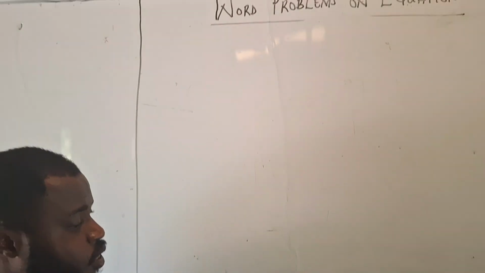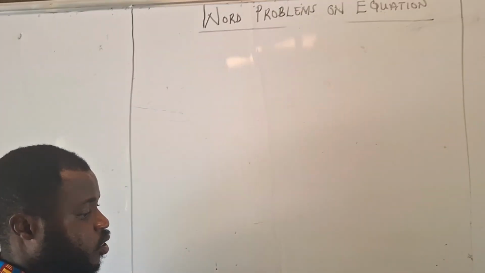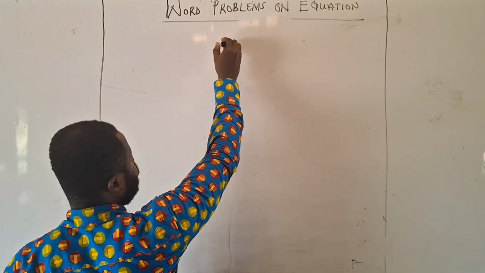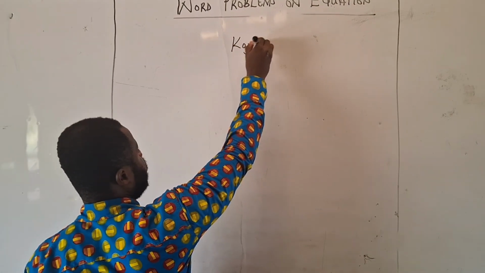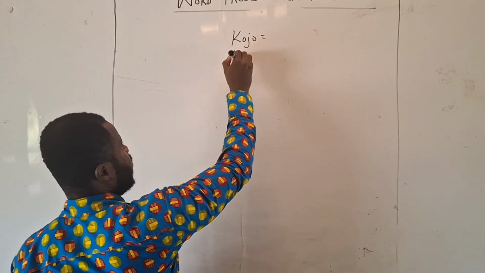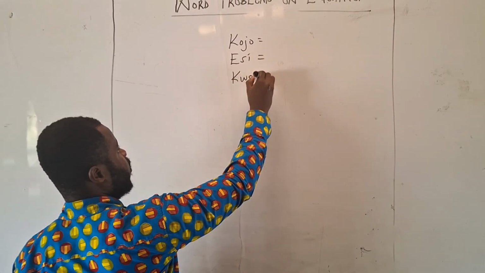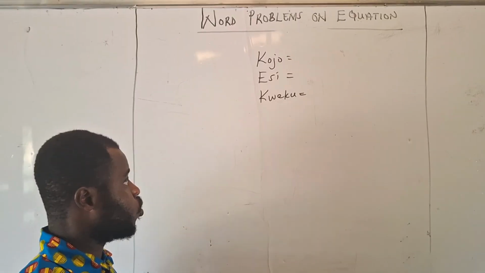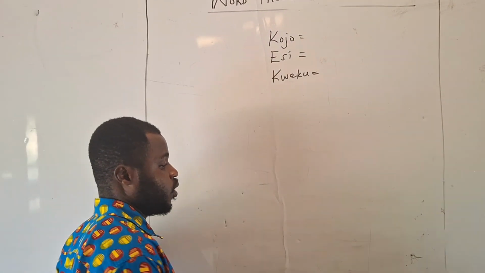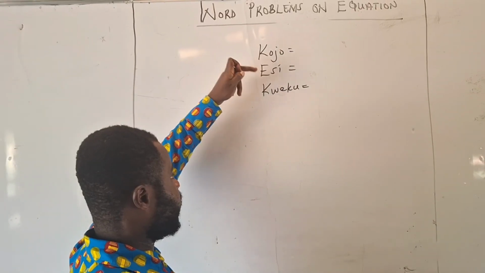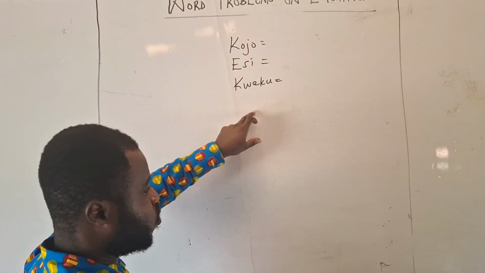So we have 3 names here. We have Kojo, AC and Kweku. So the question is that Kojo is twice as old as AC, and AC too is 5 years older than Kweku.